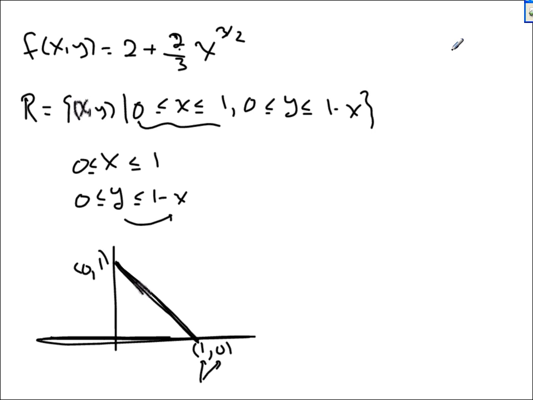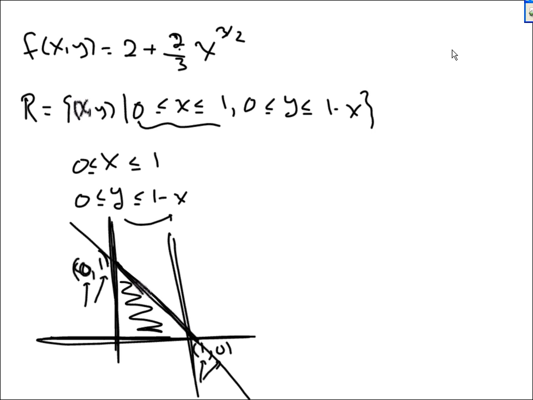And this is 0, 1, so x plus y is 1. Find 2 points, you have it. Actually, this goes on forever and ever. But x is in between 0 and 1. That's the area that's trapped. That's the area bounded.